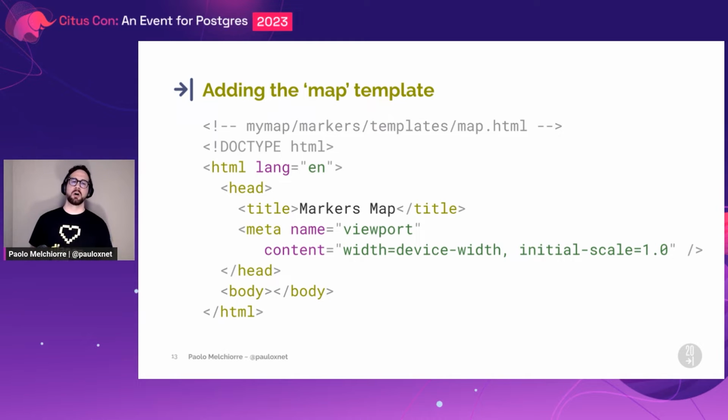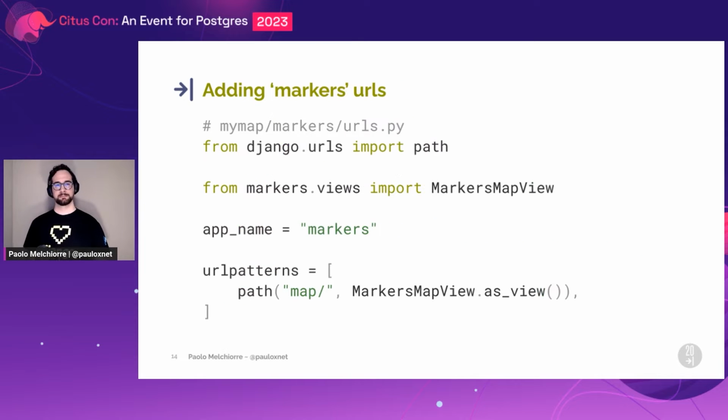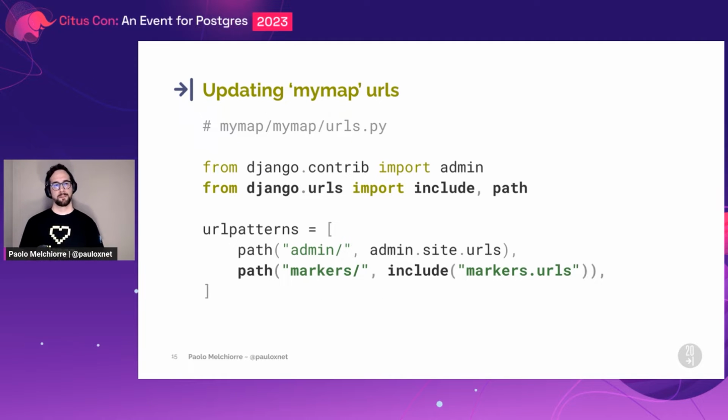For now, we add only the usual boilerplate with a title but without any body content. In the markers URL file, we must now add the path to view our map using its template view. As a last step, we include in turn the URL file of the markers app in that of the project. We just made our first view in Django, but it will show only a blank page, so we can move on to something more challenging.